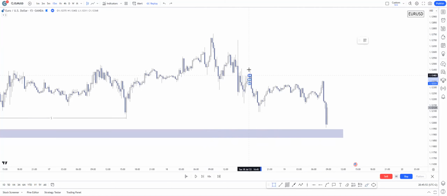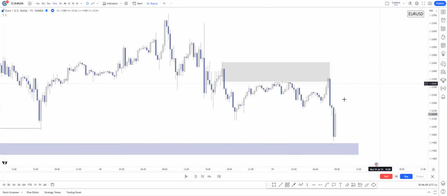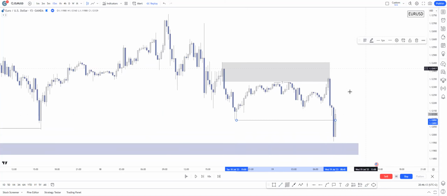So let me mark this supply area right here. As you can see, price has mitigated a low percentage of it, but this low percentage has swept the double tops liquidity just below the 15-minute supply area. After this small percent mitigation, price has made a new breakout structure to the downside, which has been reversed after a middle of nowhere reversal.